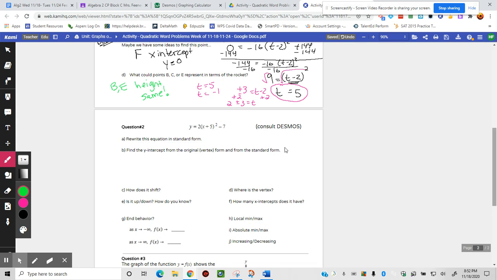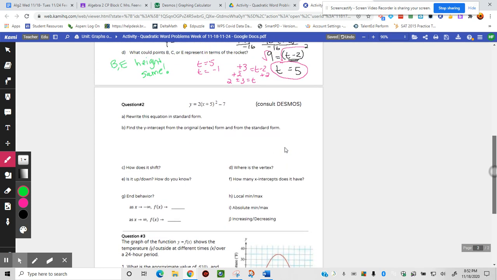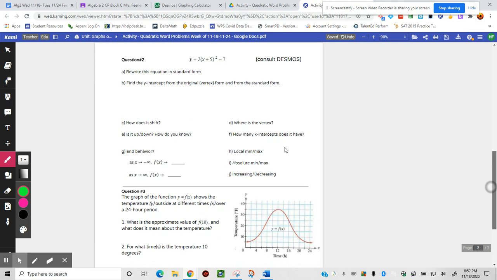Okay, so those are the ones that I wanted to try. What I would like you guys to do is go into your Google Classroom and in your notebook, answer the other two questions that are here, question 2 and question 3, and try them.